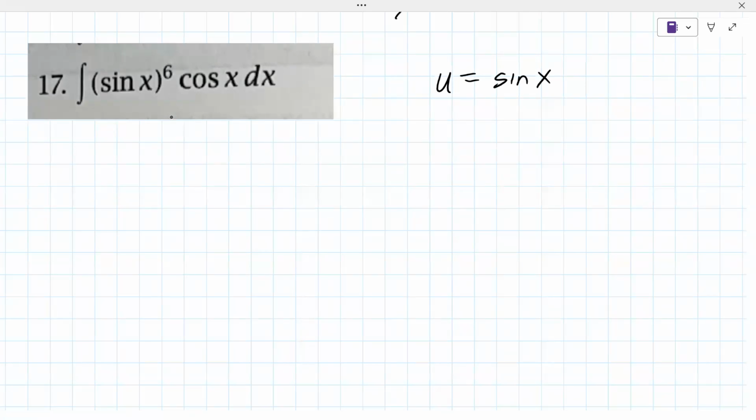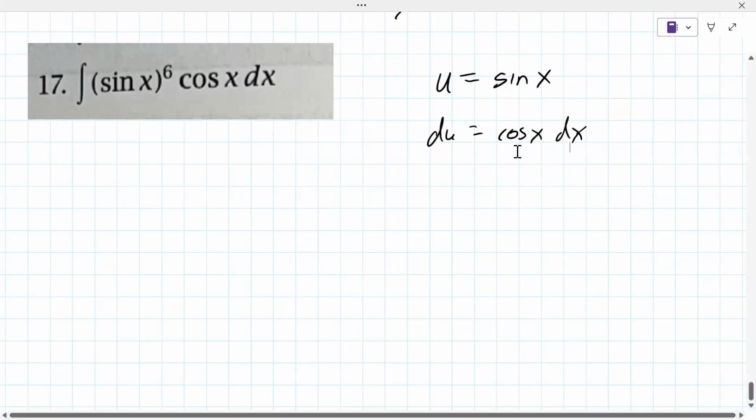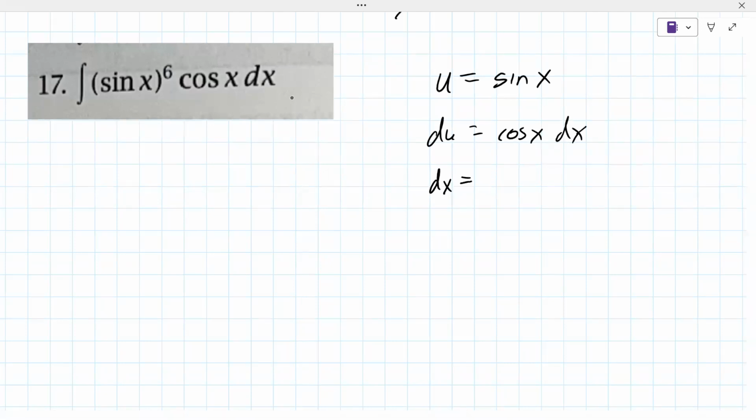So here du is cosine x dx. One thing you're looking for is the derivative, cosine x, in the problem. And it is. So that's a good sign that you've done it correctly. If it's not in the problem, that's bad. Then again, you only substitute in for the things that you have.